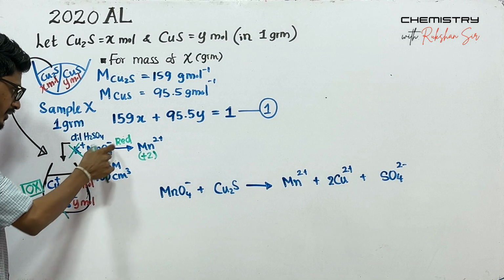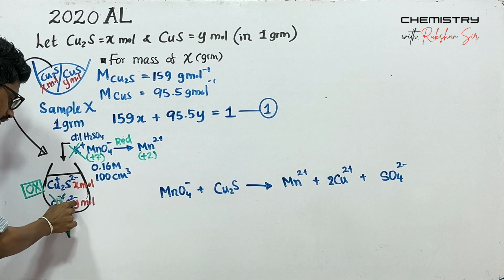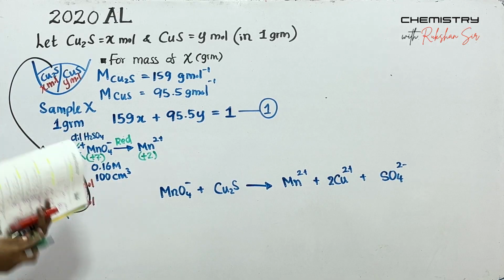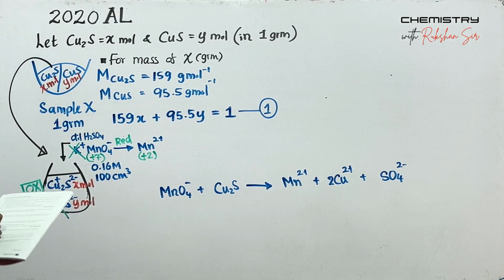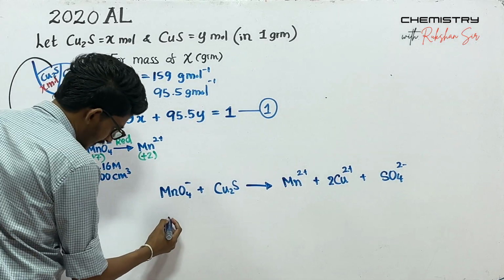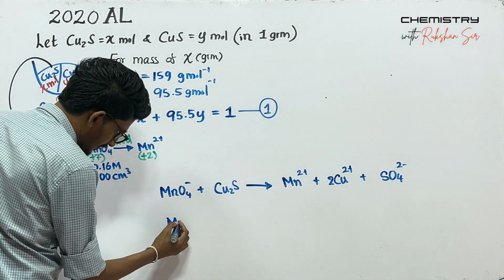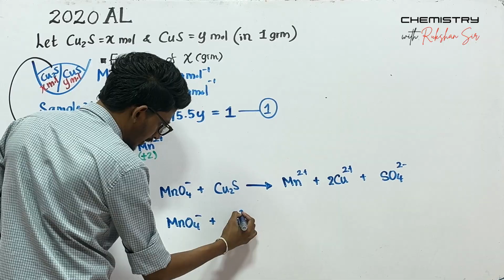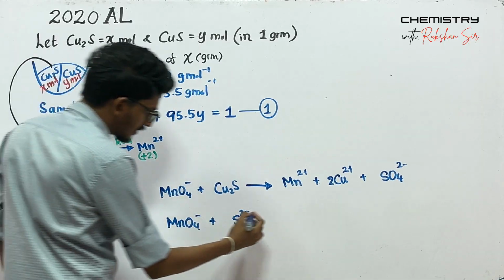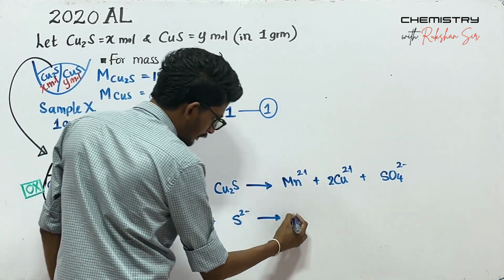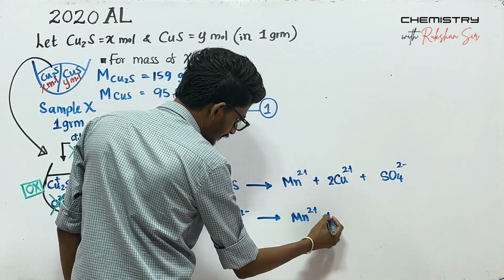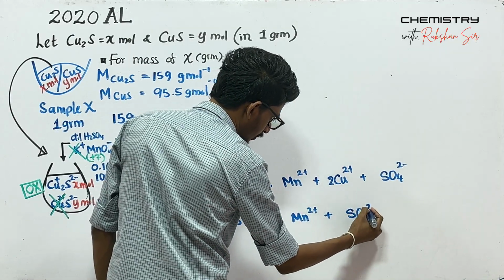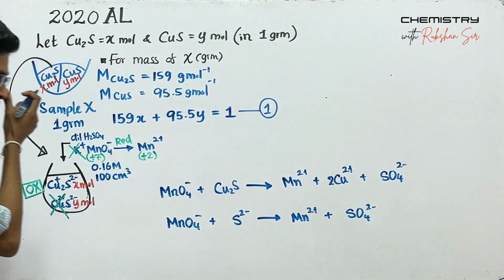So while the MnO4 minus gets reduced, the S2 minus from the CuS also gets oxidized to SO4 2 minus. That is the second reaction possible here: MnO4 minus reacting with S2 minus coming from the CuS, to produce Mn2 plus, and here the S2 minus will oxidize to SO4 2 minus.